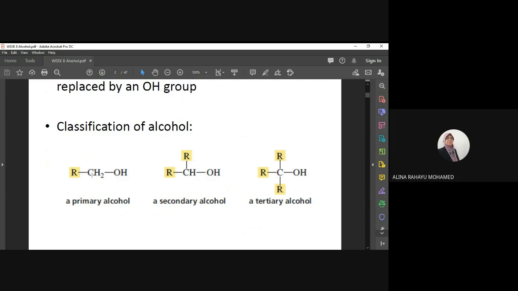A primary alcohol has one R group attached to that carbon. A secondary alcohol has two R groups attached to the carbon with an OH. And a tertiary alcohol has three R groups attached to the carbon, and that carbon has the OH group.